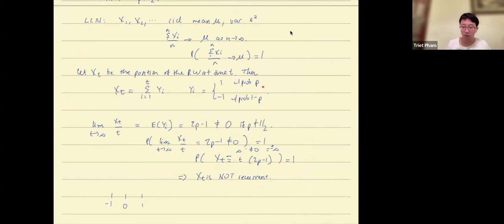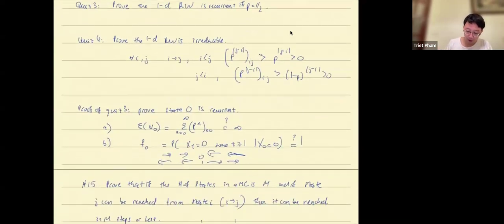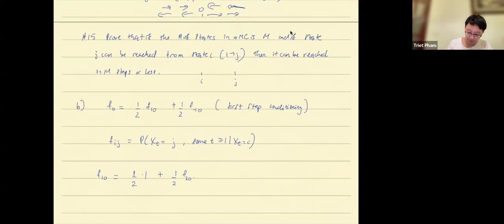The Markov chain is recurrent when p equals 1/2. On the other hand, this technique can prove both recurrent and transient. So in that sense, let me switch this to p and 1 minus p before I specialize to p equals 1/2.